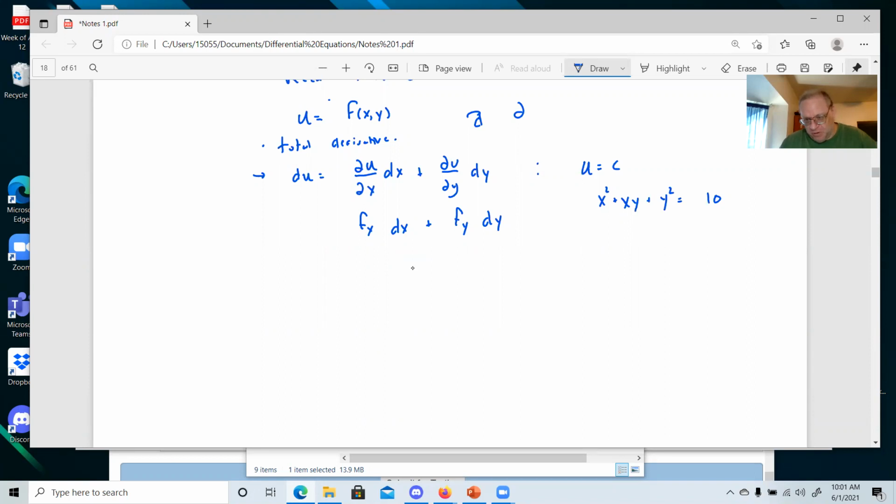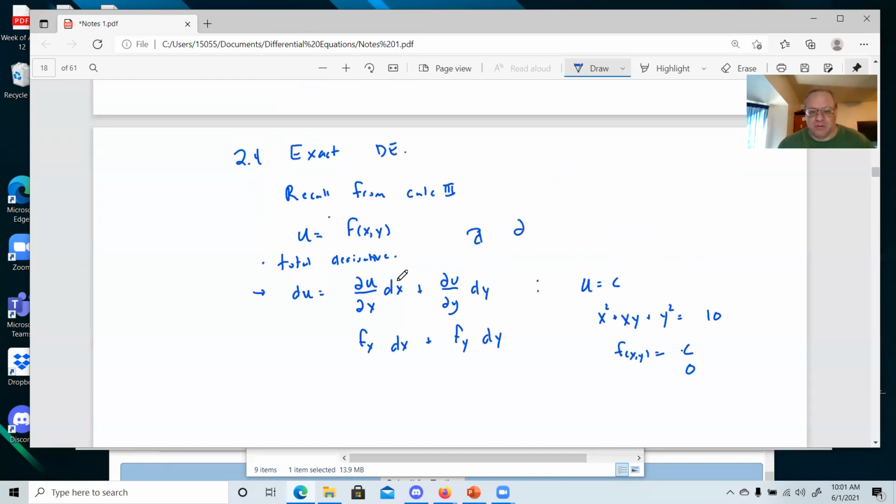But if you put the equals something, it'll graph it. So usually we want something like f of xy is equal to some constant. And then we're going to apply the total derivative, meaning the right-hand side gets to be 0 because the derivative of a constant, even with partials, is still 0. So that's kind of the setup that we're dealing with.